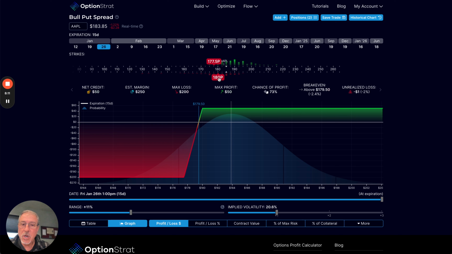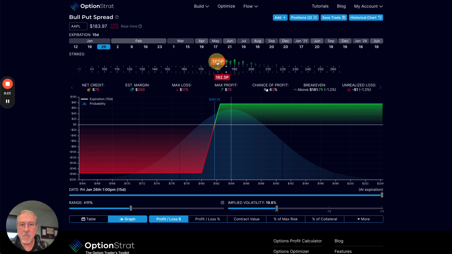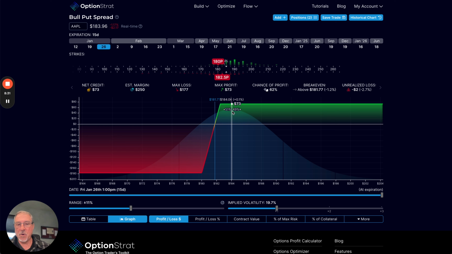So that's certainly a good thing to look at. So now if I'm going to take in $50 in credit, I could even go a little higher on this and take in more money in credit. Again, maybe I still just want to leave this as a $2.50 spread. But here I've moved a little further closer to the money.